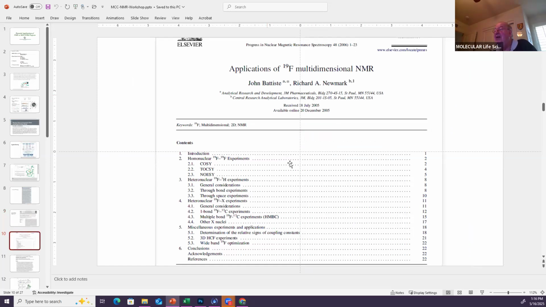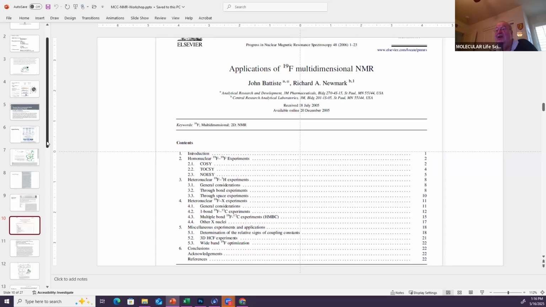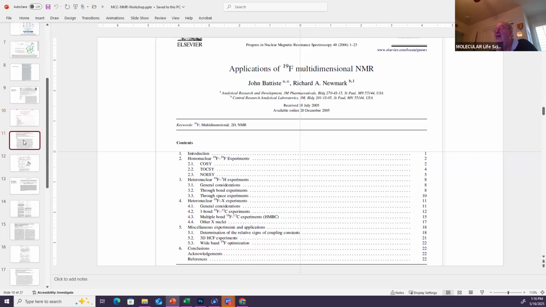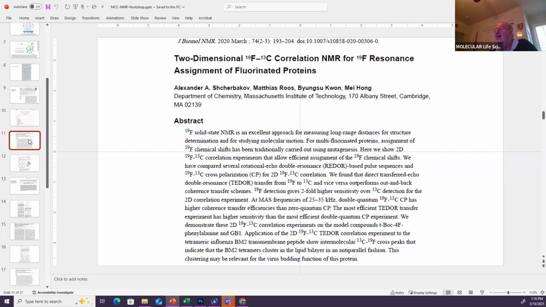This paper goes through a lot of the homonuclear fluorine COSY, TOCSY and NOESY type experiments that you can do, and heteronuclear experiments. So this is a really useful paper, a good paper to look at. It also has some good examples in it.